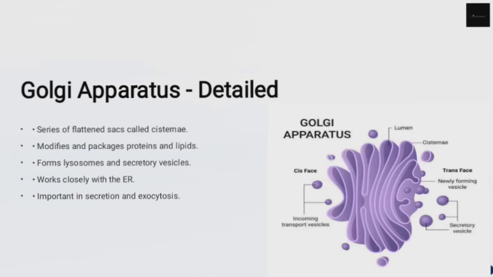Now, when they sort all these things, they now do what? Post the letters. Sometimes they can modify them, they can package them, seal them. Now, when all this is done, they now what? Ship the letters to where they are needed. So that's why the Golgi apparatus mimics a post office, or rather, the post office mimics the Golgi apparatus, because this one was in existence before the post office came in.